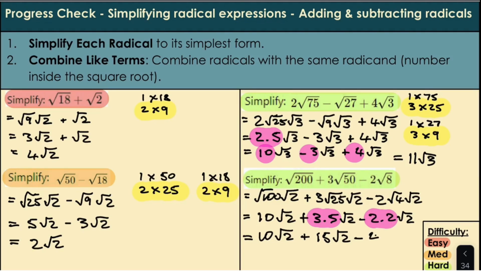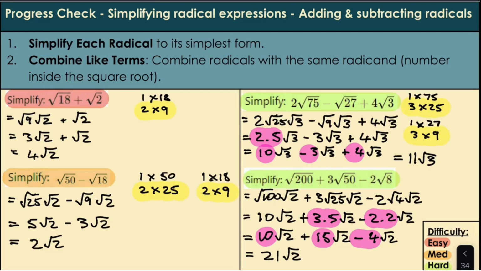Minus 4 groups of root 2. Now we simply look at all the coefficients, and we have 10 groups of root 2 plus 15, that is 25, minus 4, that is 21 groups of root 2. And that is a wrap, guys.